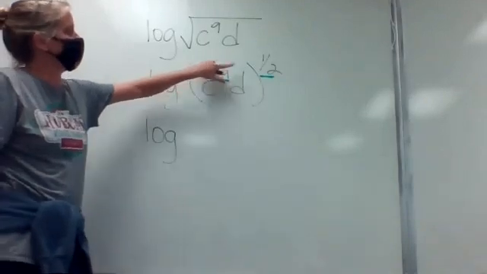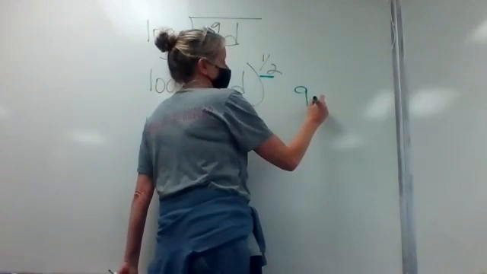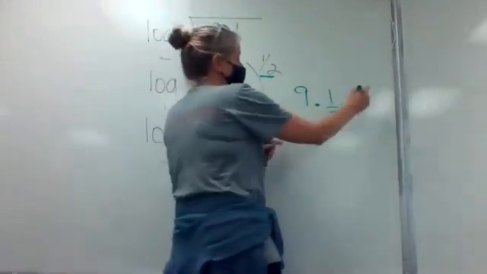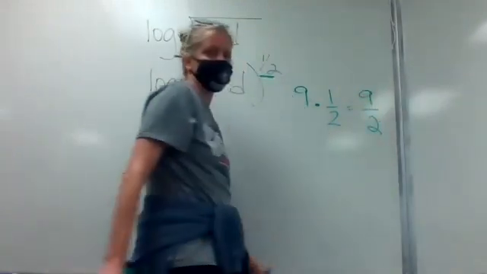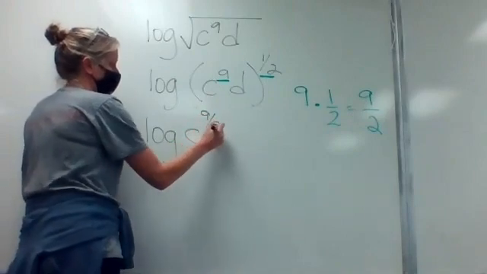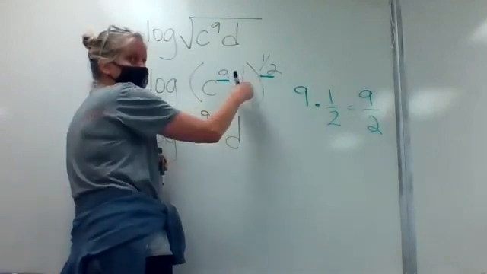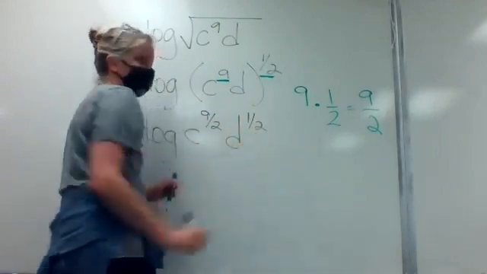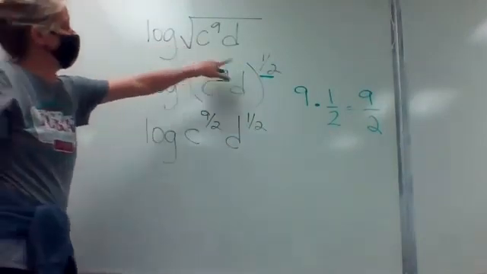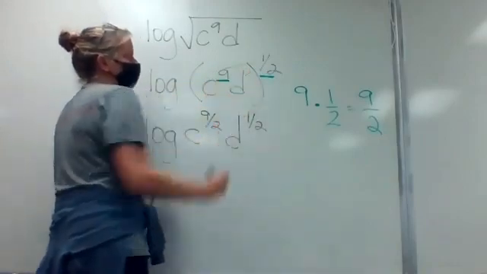So c to the 9th and 1/2: the c is being raised to the 9th and 1/2, so if I multiply that together, I get 9/2 as its exponent. And b is just being raised to the 1/2. So again, I changed the square root to a 1/2 power, and then they both get the 1/2.